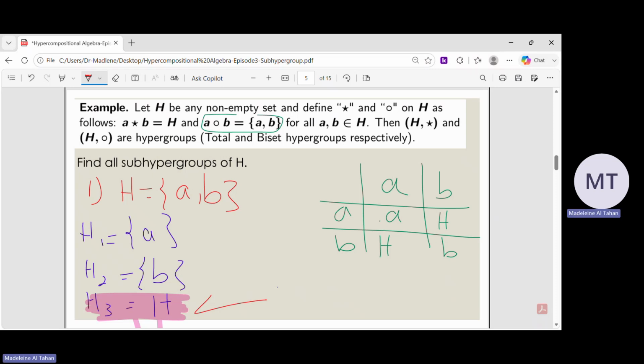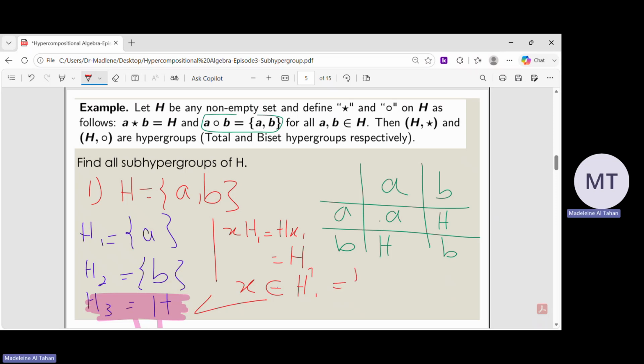Now, let's look at A. Remember, our aim is to check whether XH1 equals H1 and H1X equals H1. But this X, remember, is in S, which is H1 here.